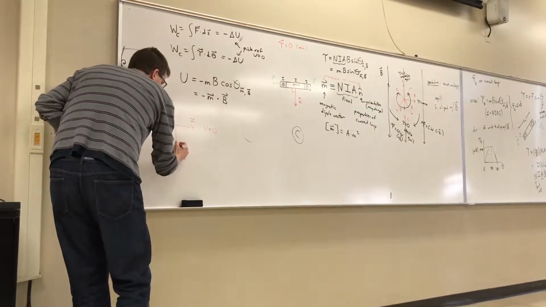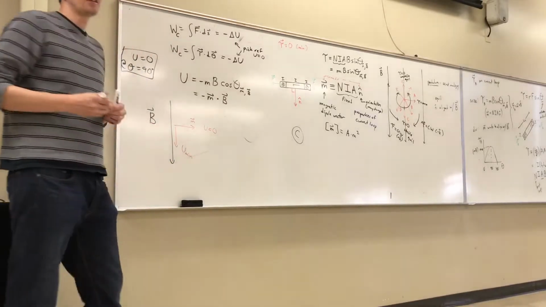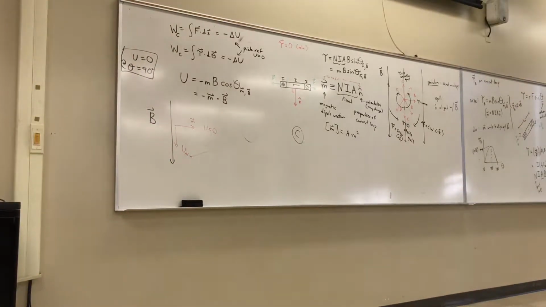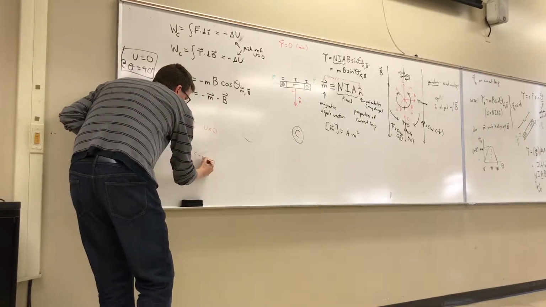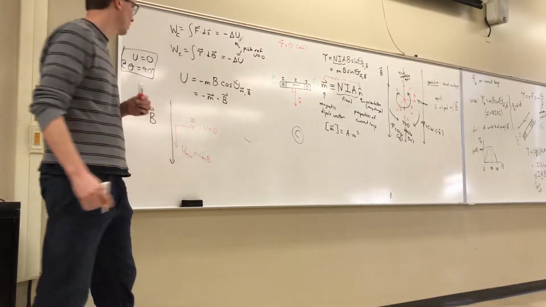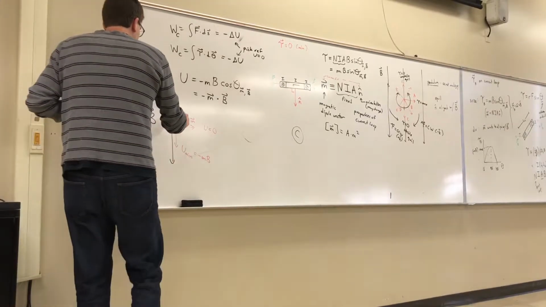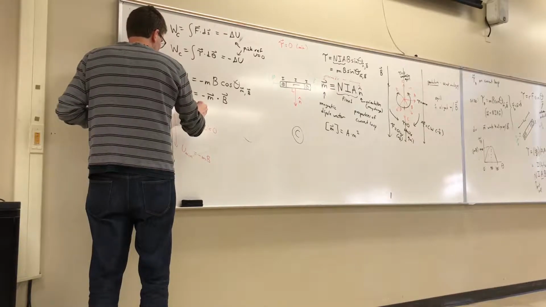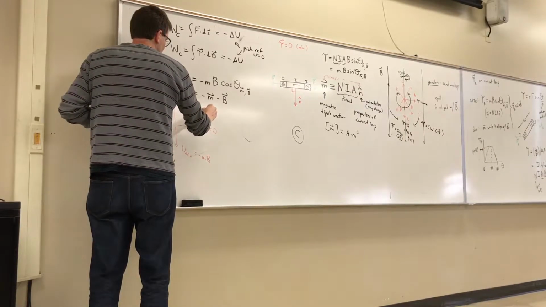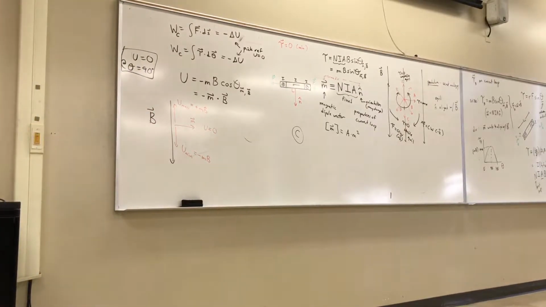The minimum potential energy, as you can probably guess, is at the bottom, right? That's just like a pendulum, right? It's at the lowest point. The minimum will be minus mv cosine of 0, which is 1. So that's the lowest potential energy. And then over here, this will be the maximum potential energy, which is going to be plus mv. Cosine of 180, so that's going to produce that.